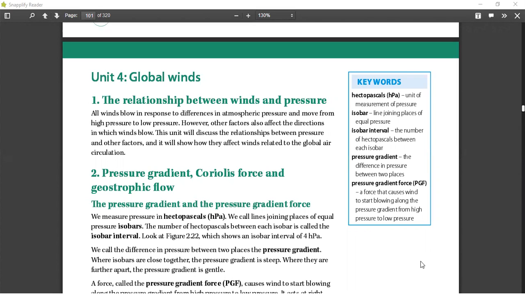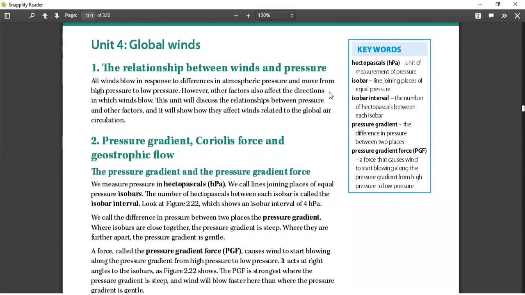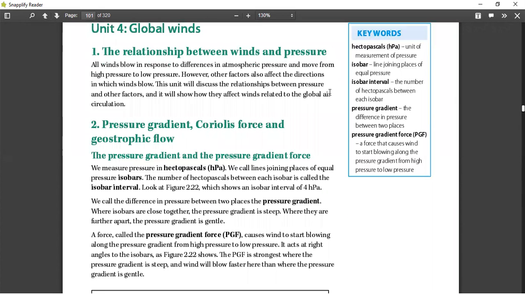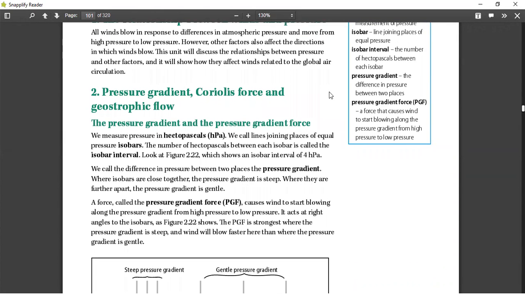With pressure gradient force, the stuff that I'm talking about is in the textbook on page 100, page 101. I will just dissect the topic, and then I hope we will all be on the same understanding. Coriolis force is another one that we'll be doing after this one, and geostrophic flow is also another one that we'll be doing after this one.